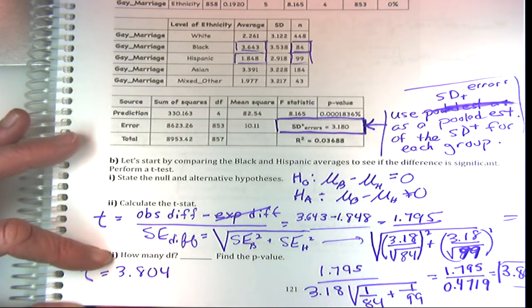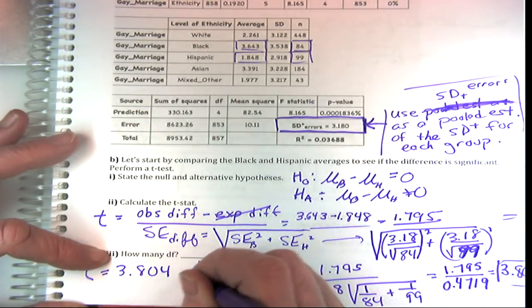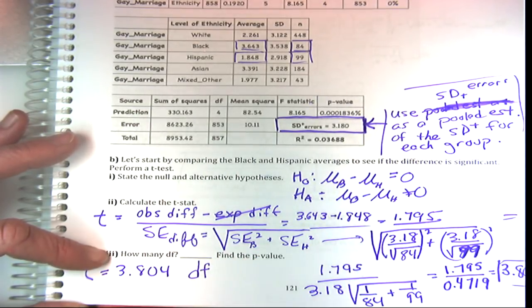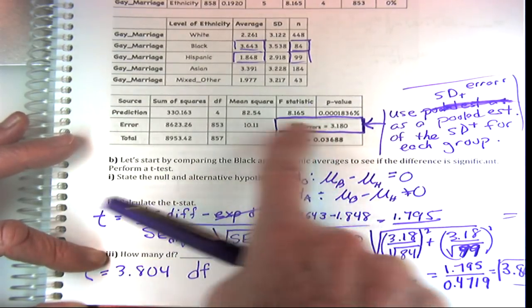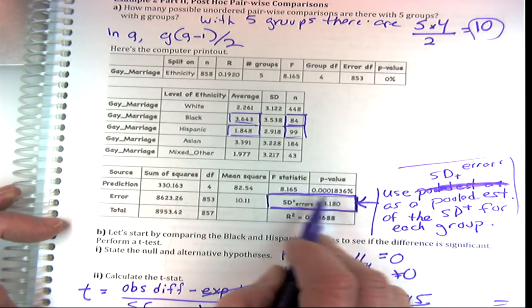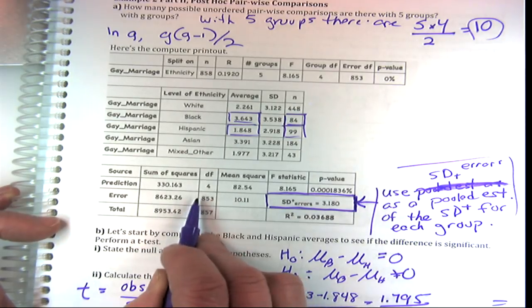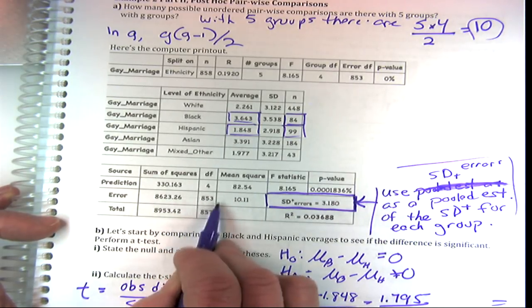And here's where everything's just the same again. The degrees of freedom, when you test the individual t, are based on everything. It's the same as for regression. It's based on all n minus g points.